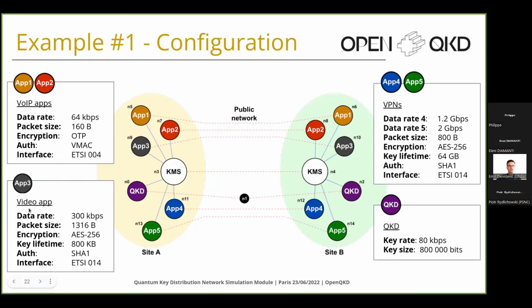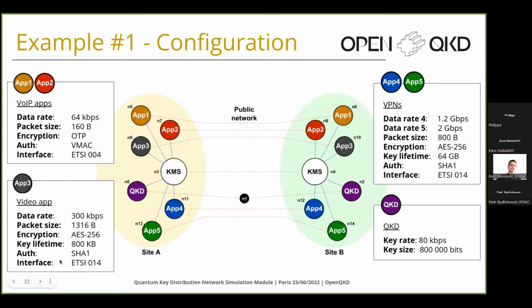Application 3 is an example of a video application with AES encryption and with relatively frequent key updates. But because the key updates are not as frequent as in one-time pad encryption, we have selected the ETSI-014 interface to communicate with the KMS system.